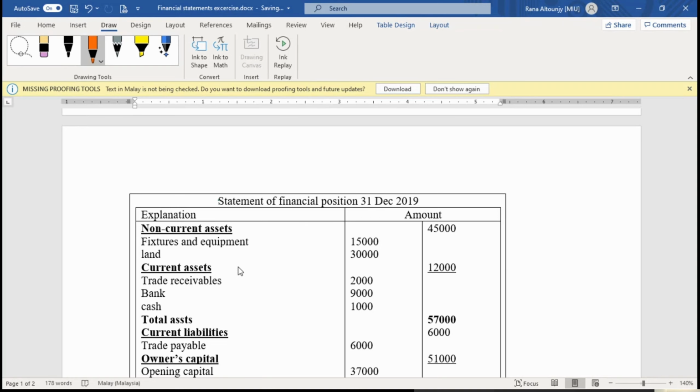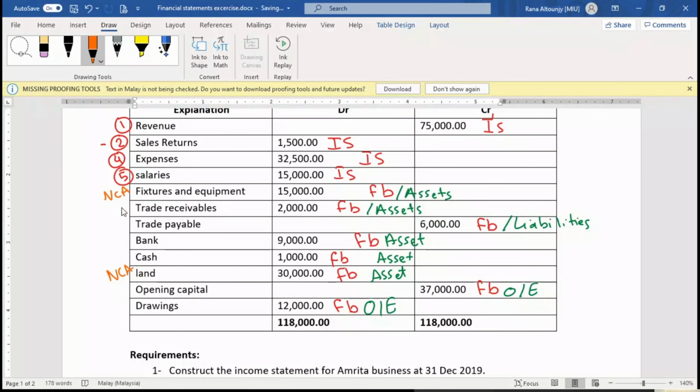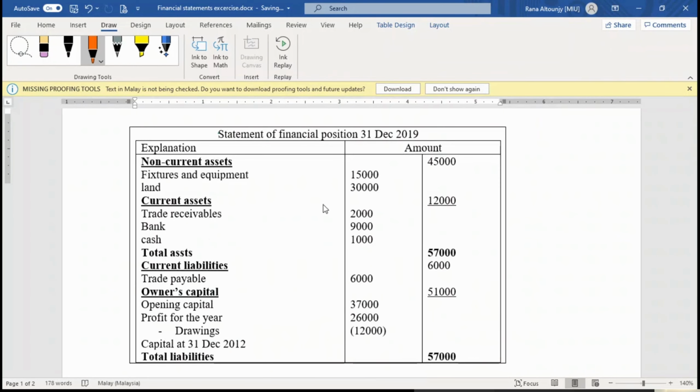For the current assets, we have trade receivables as current assets. Payables is a liability, as we mentioned. The bank is a current asset, and the cash is a current asset. So the total of current assets is 12,000, and the total of assets is 57,000.